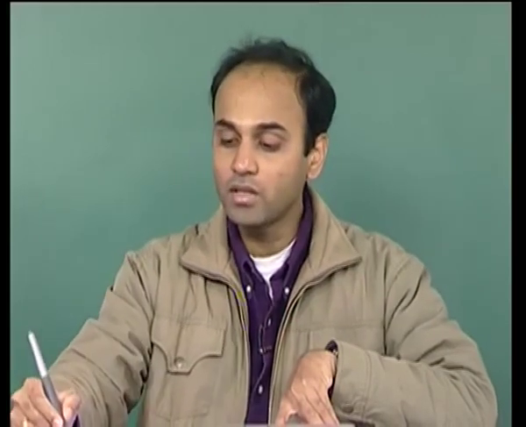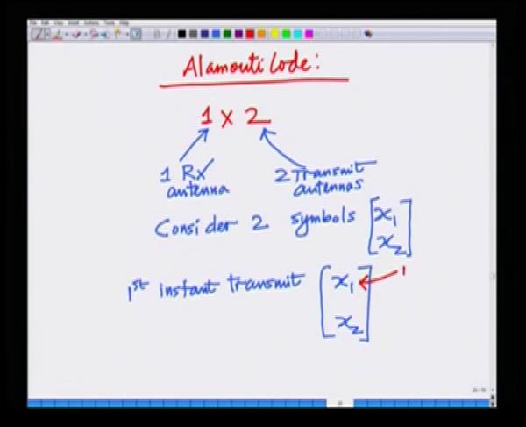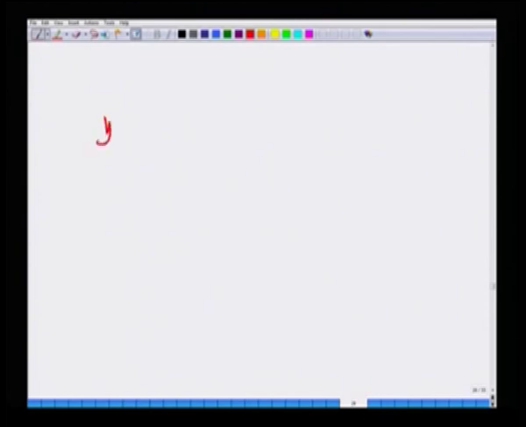At the first instant, I am going to transmit the vector x1 comma x2, which means from transmit antenna 1 I am going to transmit x1, and from transmit antenna 2 I am going to transmit x2.